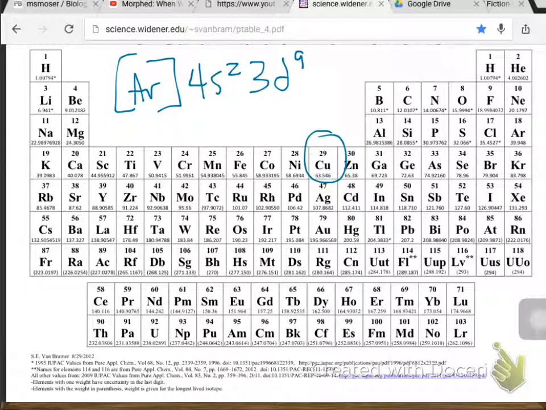Those Ds are not on the uppermost occupied main energy level, are they? And yet they participate in bonding. What's supposed to happen? The valence electrons participate in bonding, the uppermost occupied main energy level. In the D block, we get some really weird crossovers, and it's called delocalization.